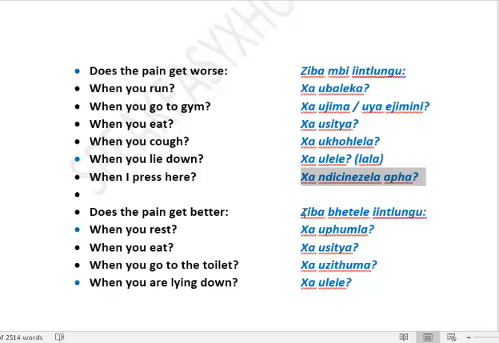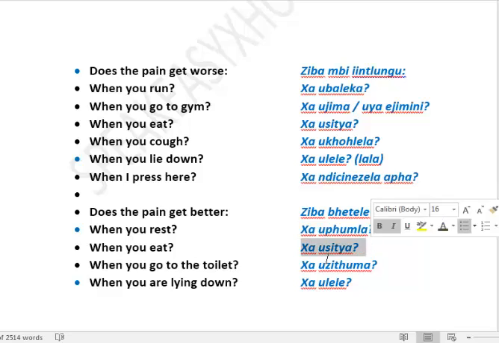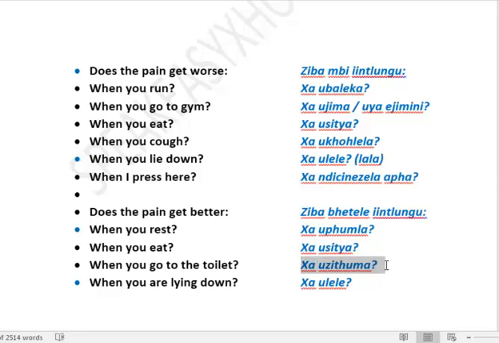Does the pain get any better? Ziba betere or betele. You could have betere or le. Intlungu. Do the pains get any better? Xa uphumla, when you rest. Xa usitya, when you eat. Xa uzithuma, when you go to the toilet. Xa ulele, when you lie down.